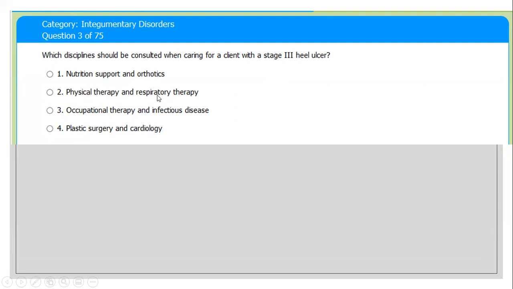Number two, physical therapy and respiratory therapy. Number three, occupational therapy and infectious disease. Number four, plastic surgery and cardiology. So the question asks, which disciplines should be consulted when caring for a client with a stage 3 heel ulcer?